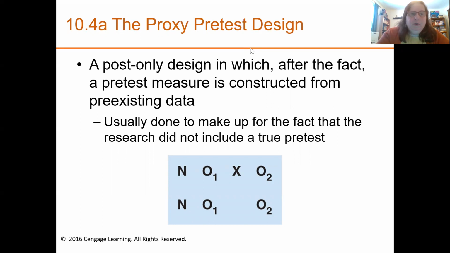Sometimes it's not possible to do a pretest, right? A pretest might just give them too much information about what you're studying, might give them too much testing practice. I mean, there are legitimate reasons why you might not be able to include a true pretest. So maybe you can make up for it a little bit by doing something afterwards, looking backwards. Okay.